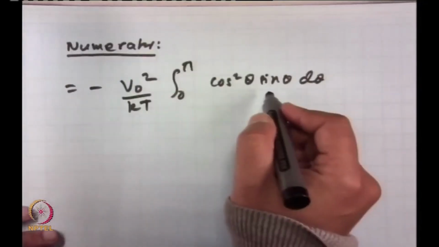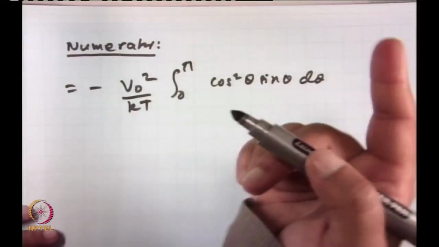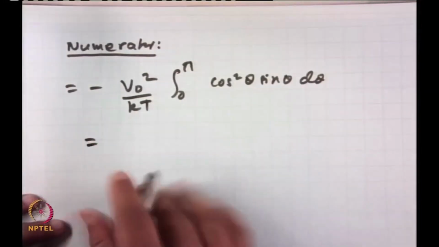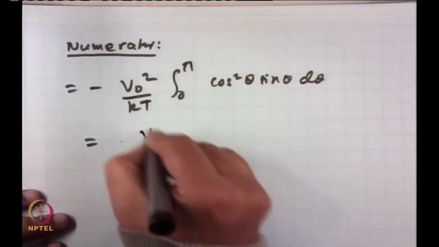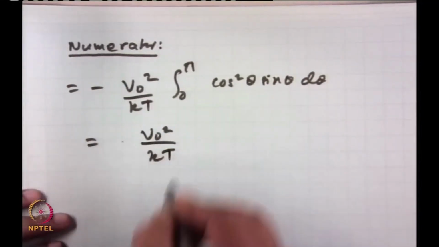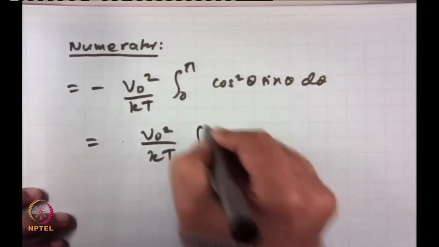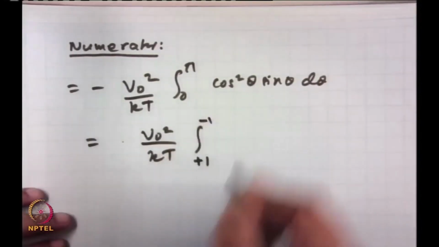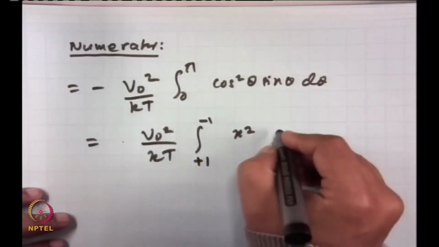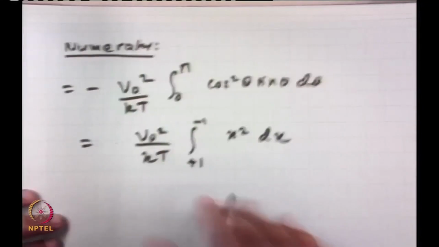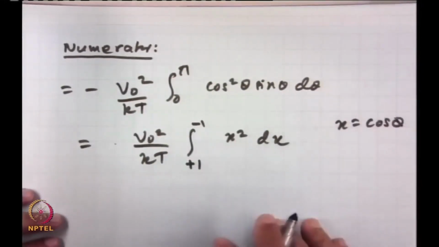How do I solve this one? I actually do the same principle again. I allow cosine of theta to be x, and this would become what? I can write V0 squared over kT, then plus 1 to minus 1 x square d of x, again putting x equal to cosine of theta.